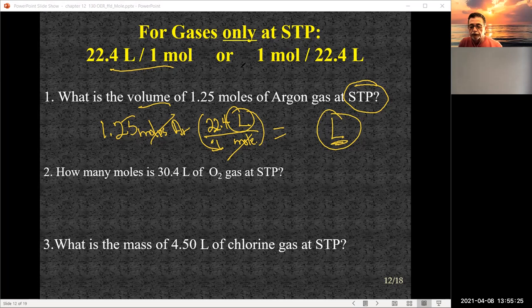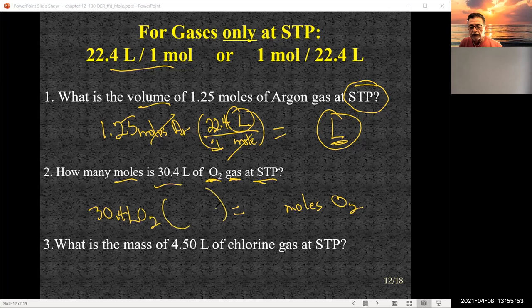All right, let's do another one before I show the answers here. Another one is about oxygen. No different, again it's a gas, and again we're at STP. This time they're asking how many moles, so our units end up in moles of oxygen. We are given 30.4 liters of oxygen.